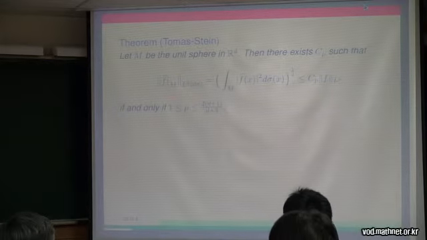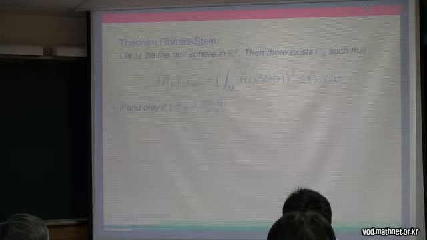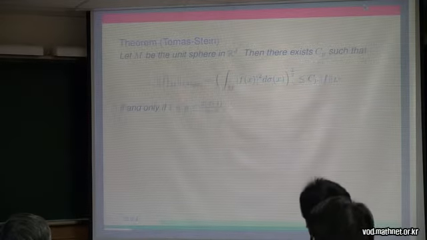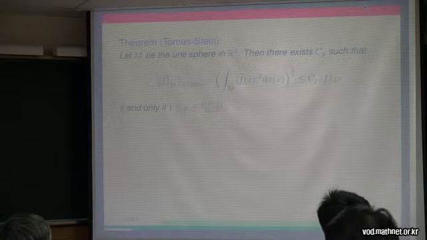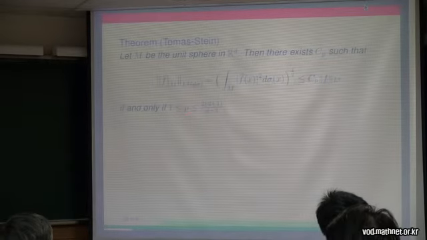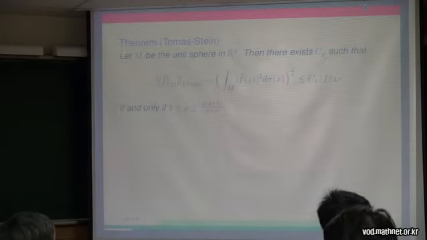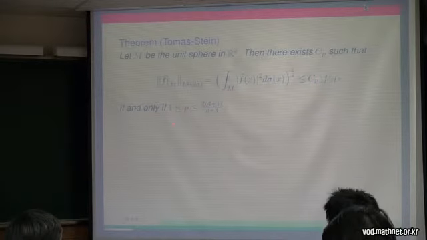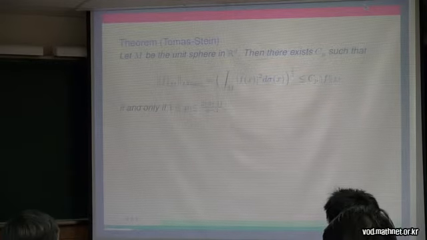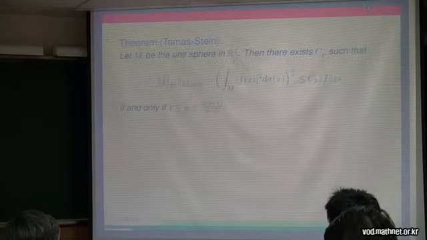They obtained a Fourier restriction estimate, an L^p to L^2 estimate. The condition that p is between 1 and 2d plus 2 over d plus 3 is a necessary and sufficient condition.